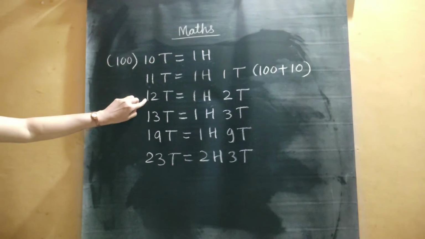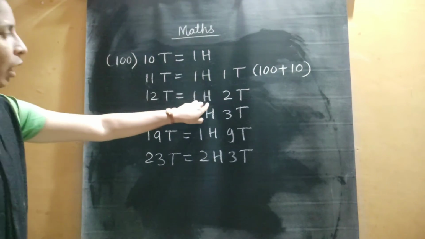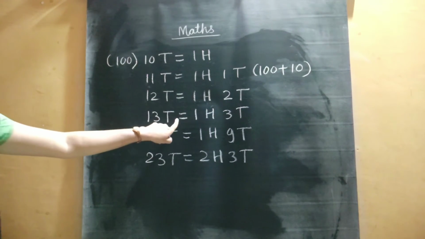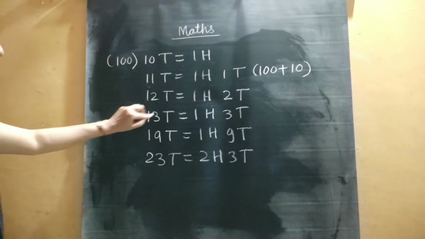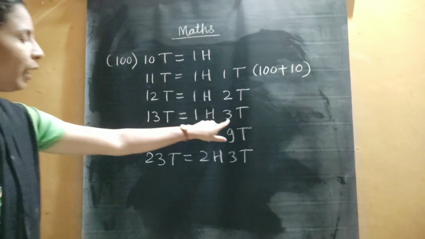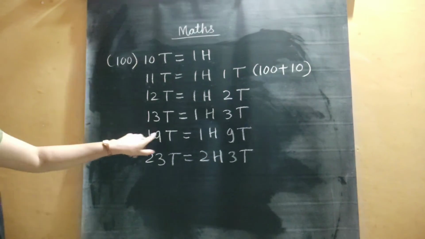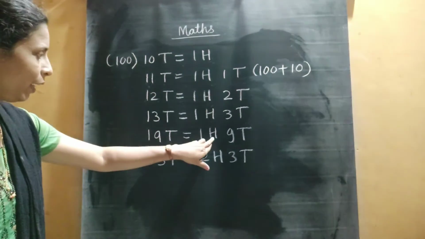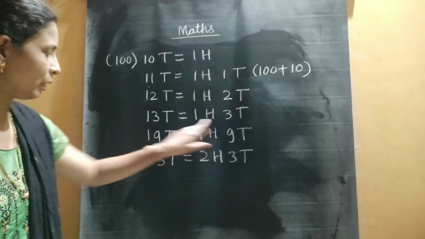See here, the first digit is 1, that is 100, and 2 tens. 13 tens: 100 and 3 tens. So 19 tens, how to read? 100 and 9 tens.